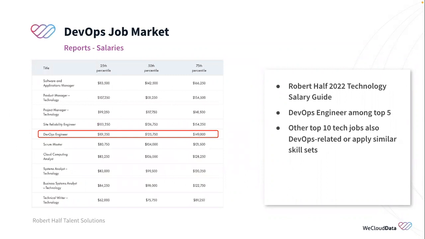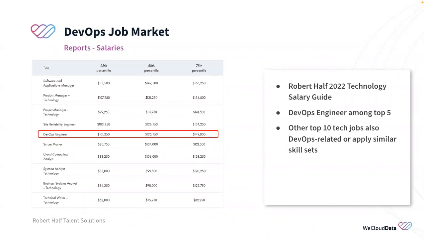From Robert Half Talent Solutions, they're also an HR talent consultancy research firm that looks into a lot of these job market numbers as well. DevOps engineer ranks in terms of average salary as part of the top 10, and here it's part of the top 5 in terms of average salaries.